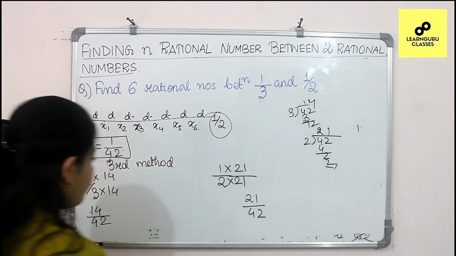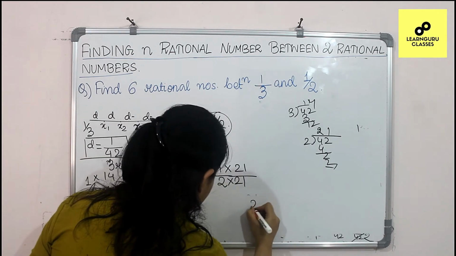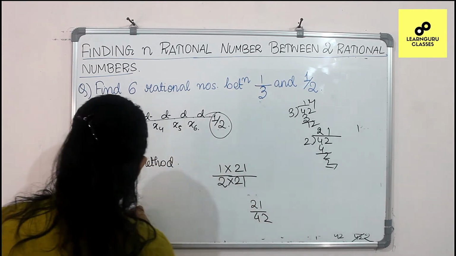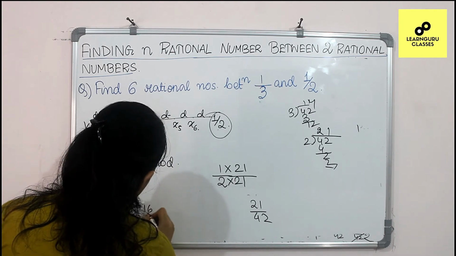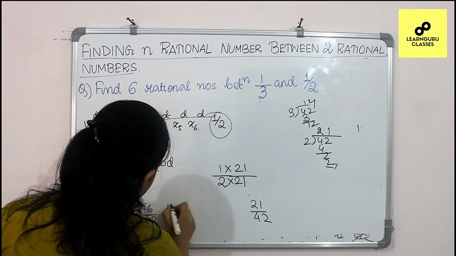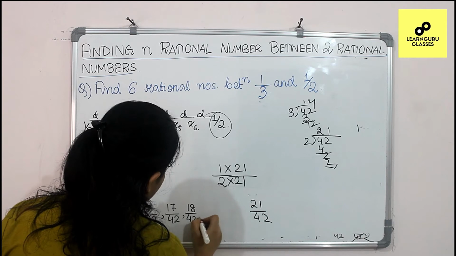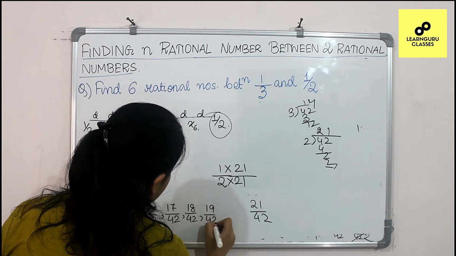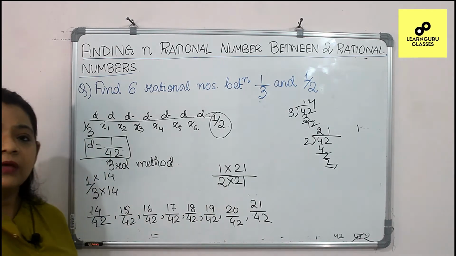So let's start from 14 by 42, then 15 by 42, 16 by 42, 17 by 42, 18 by 42, 19 by 42, 20 by 42, and after that you are getting 21 by 42.